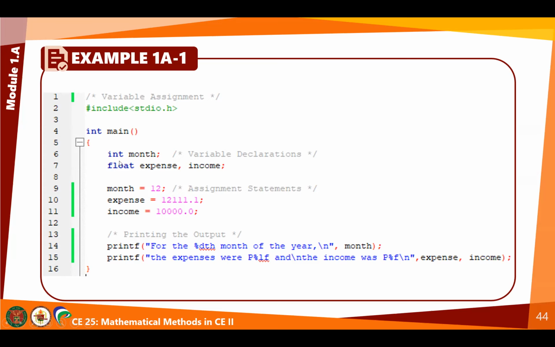So ibig sabihin decimal sila. And then you assign month equals 12. Yan. Expense is this one and the income is this one. And then you just print. Again, itong printf function na ito is included dito sa standard stdio input-output header file. So ayan.